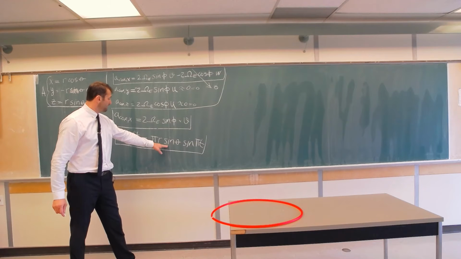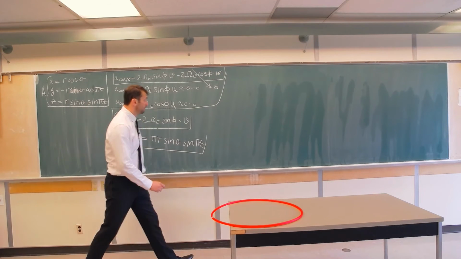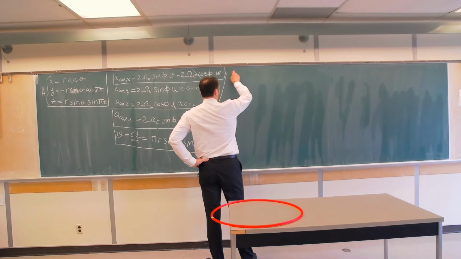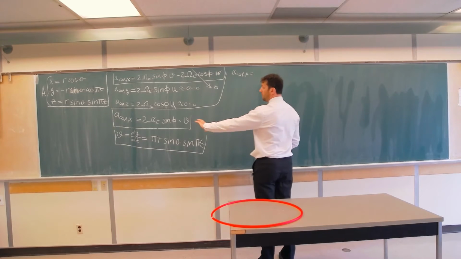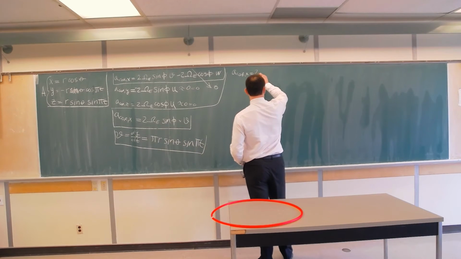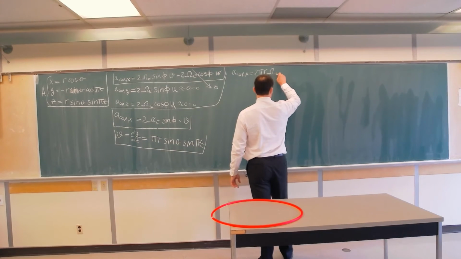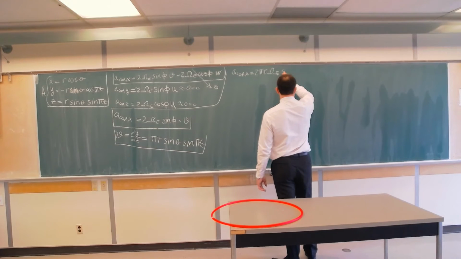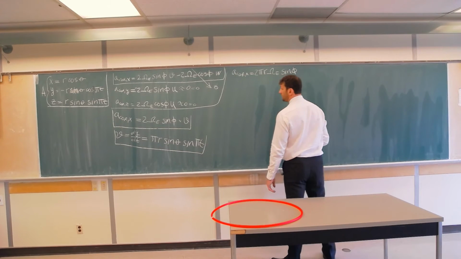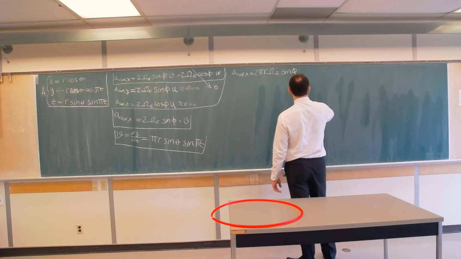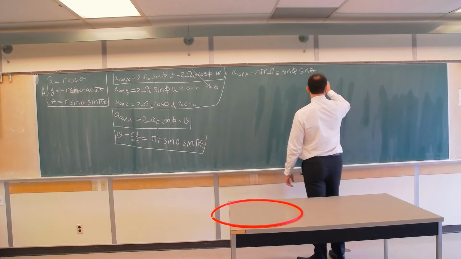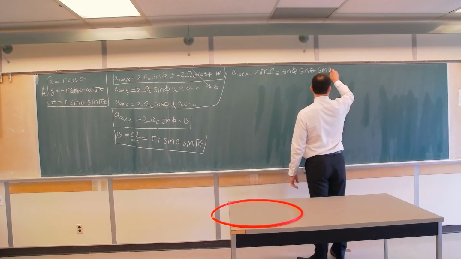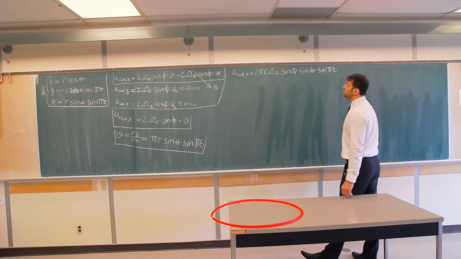Okay, now when I plug in this expression over here, we get that A Coriolis in the x direction is equal to 2 pi r omega of the Earth, sine of the latitude, sine of the angle theta around the ring and sine of the rotational angle delta, namely pi t.